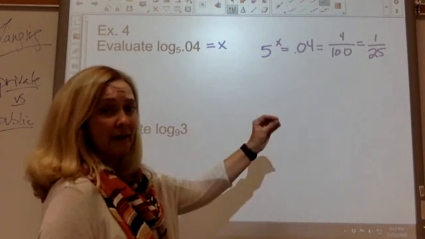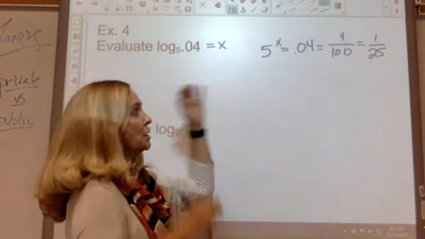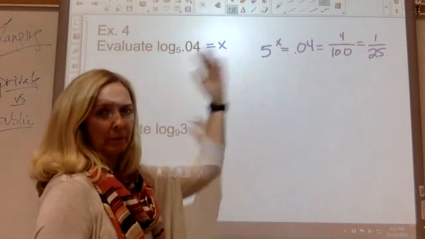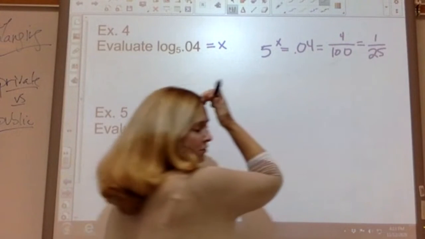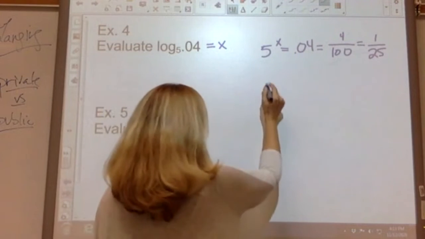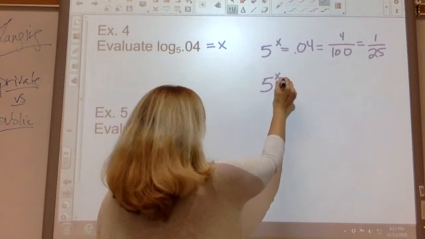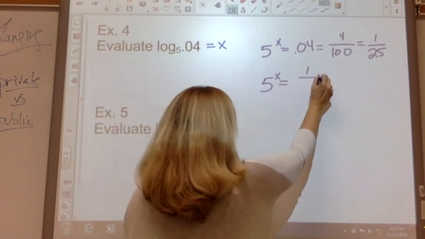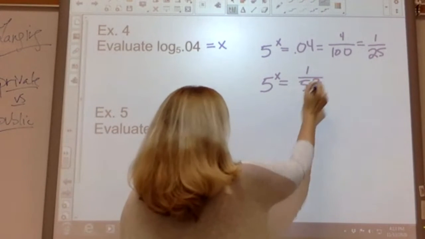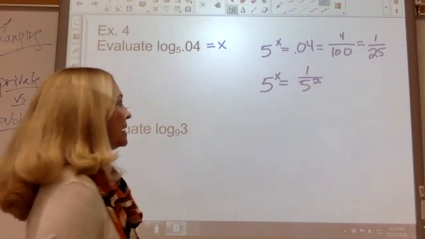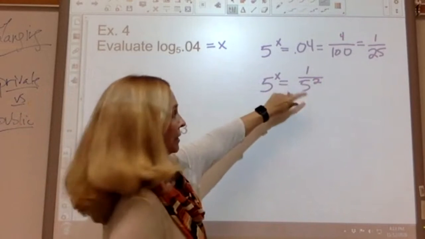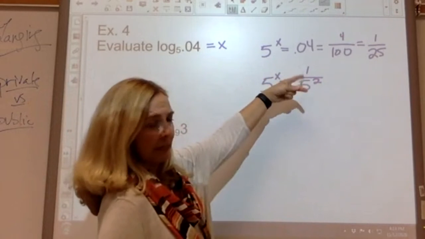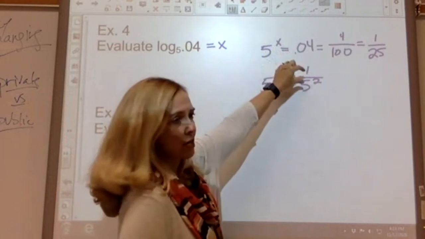Well, I still don't have a 5 yet, but I'm getting closer because through all of this, you need to be thinking exponents, okay? And so 25 is 5 squared. So now I can say 5 to the x power equals 1 over 5 squared. Now this 5 is in the numerator, at the top, and this is in my denominator. So I want to flip this upside down and bring this 5 squared to the top.